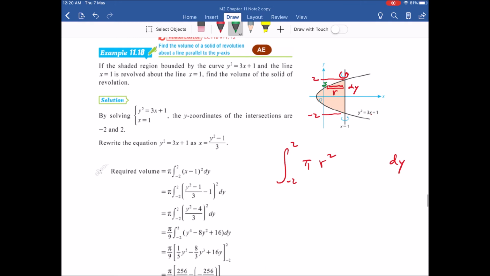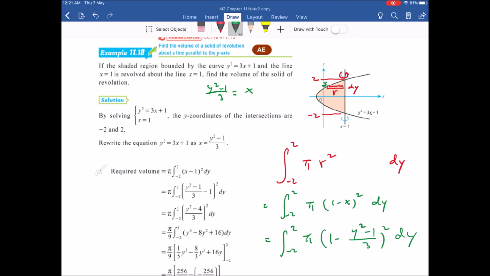This one is the corresponding x, so here is pi (1 minus x) all squared dy, integral from minus 2 to 2. Again, what is x? x is (y squared minus 1) over 3. Okay, here minus 2 to 2 pi (1 minus (y squared minus 1) over 3) all squared dy.